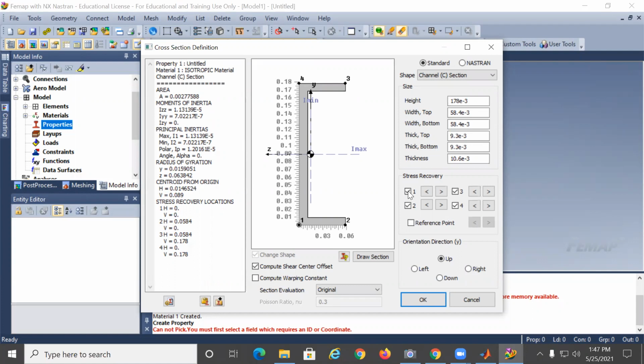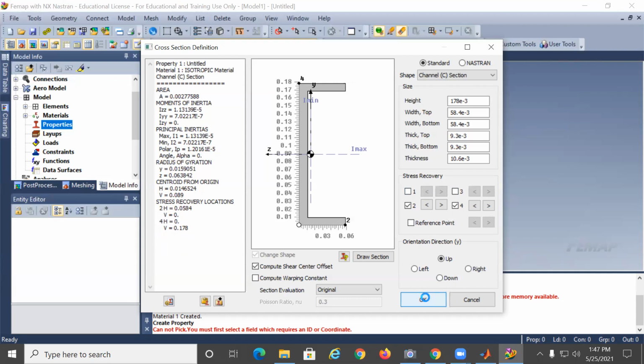Now let's pay attention. You see we have points 1, 2, 3, and 4. Point H corresponds to point 4 and point K to point 2. So maybe let's just keep 4 and 2 and eliminate these 2 here. That way we know we want the stresses at this point and this point.